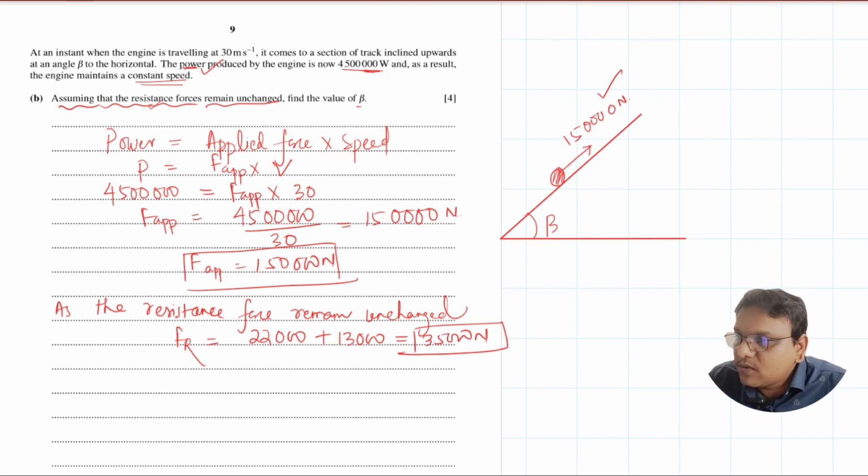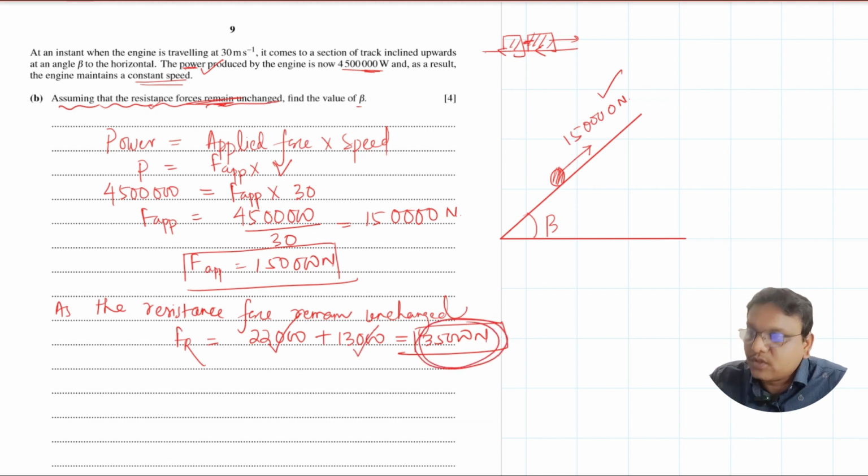That means if you see the question properly again, the resistance force remains unchanged. If you go back, we had one engine and one coach, right? Yes or no? The engine had a resistive force, and that coach had a resistive force as well, right? And 22,000 Newton and 13,000 Newton, the total force due to resistance, will be 35,000 Newton for the system I'm talking about, right?